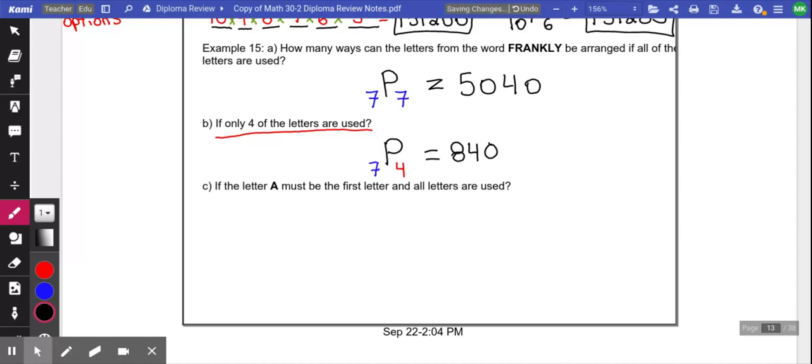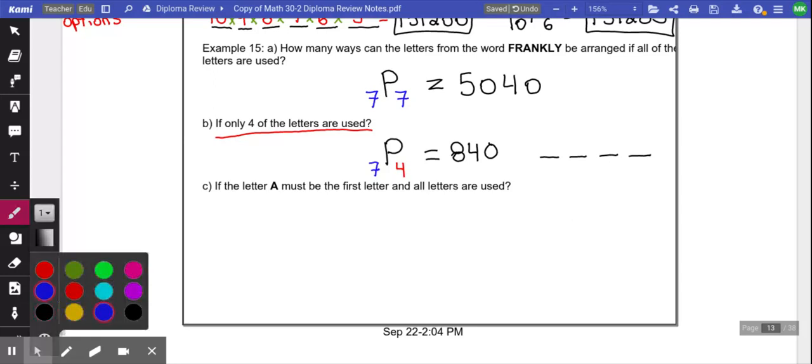If you wanted to imagine doing that question without permutations, you could do it using fundamental counting principle. This time, there would only be 4 slots, though, because you're making a 4-letter word, right? In that first spot would be a 7 because there's 7 different letters in frankly that I could choose from to go in that first spot.